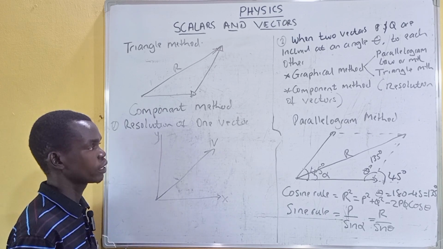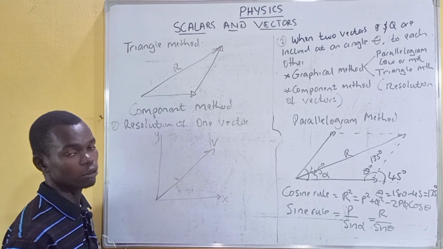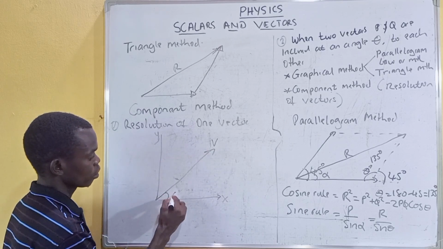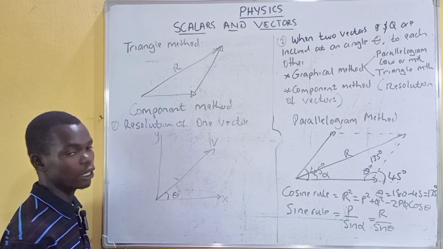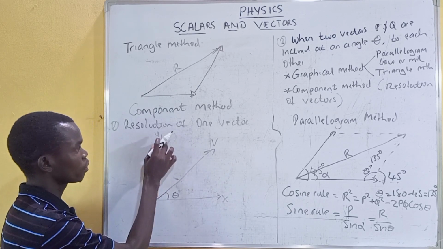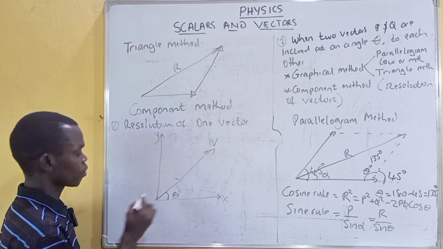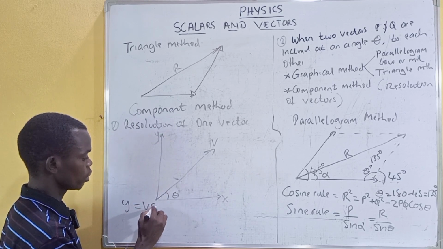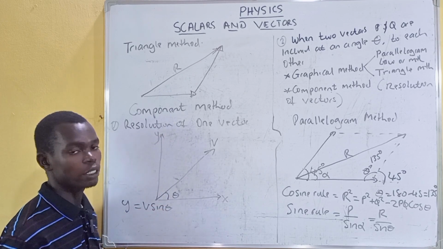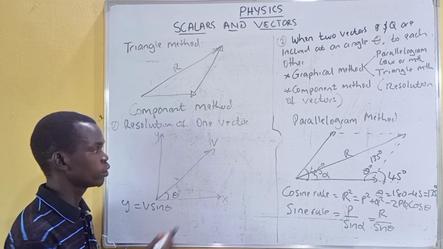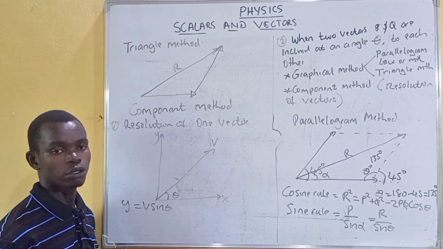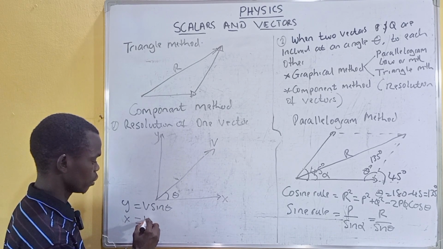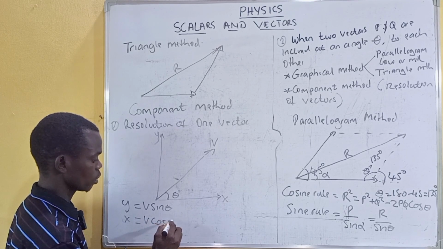So if we are to find the effective value of this vector V in the y component, we resolve this vector V to the y component. So the effective value in the vertical component, which is Y, will be equal to V sine theta, while the effective value of this vector V in the horizontal component will be X equals V cos theta.